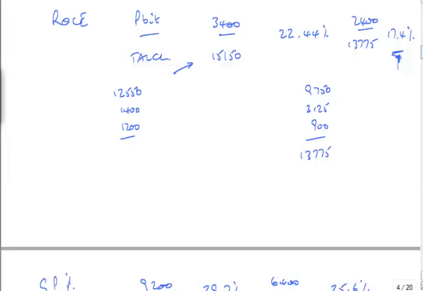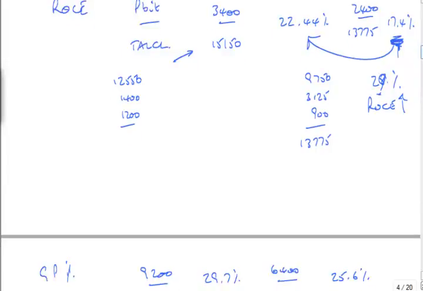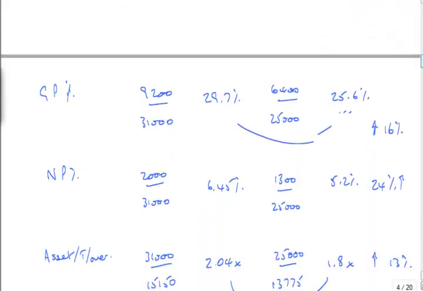Return on capital employed is an improvement of 28.29%. Compared with 17.4, we've improved it by 29% to get to 22.44. So that's a solid increase.